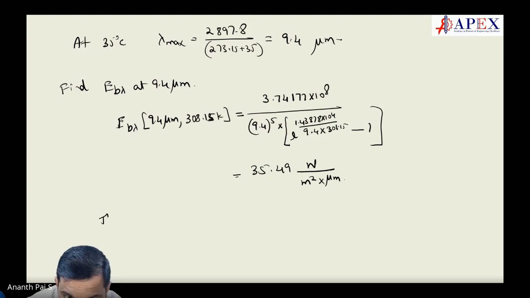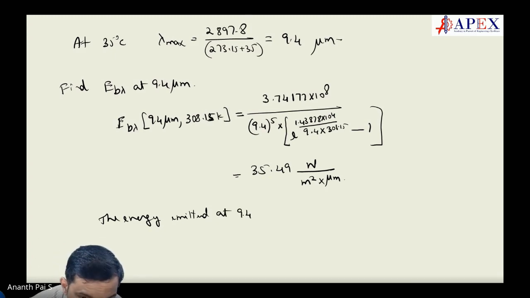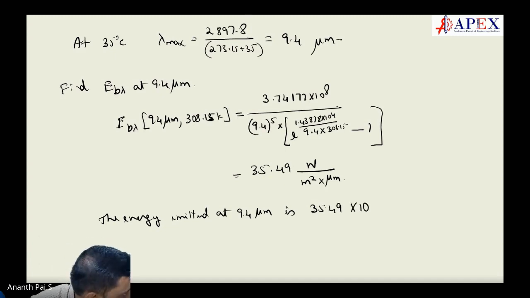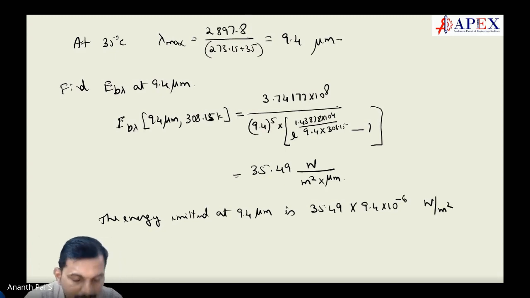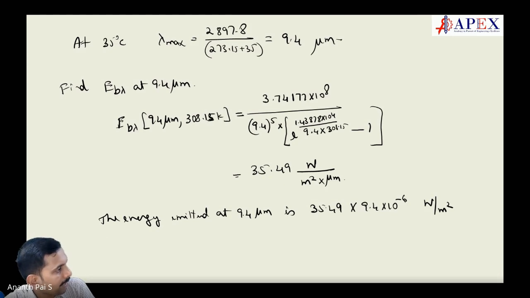That means the energy emitted at 9.4 micrometer is 35.49 into 9.4 into 10 power minus 6 watt per meter square.